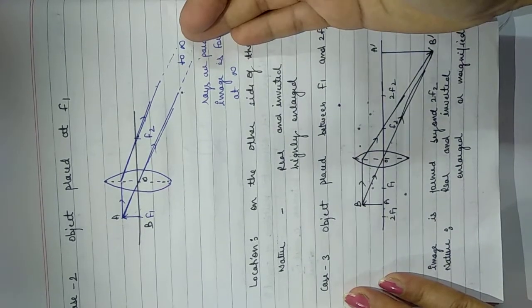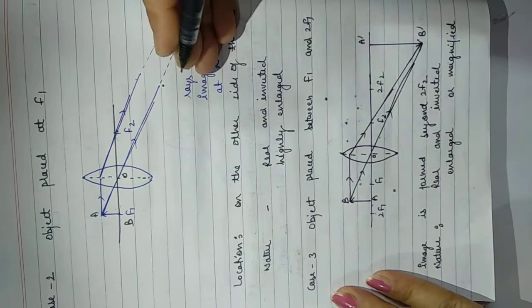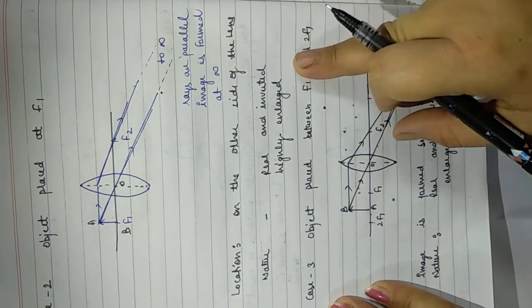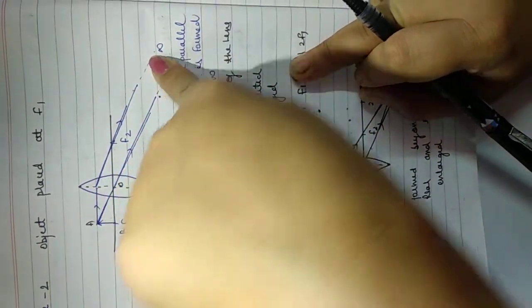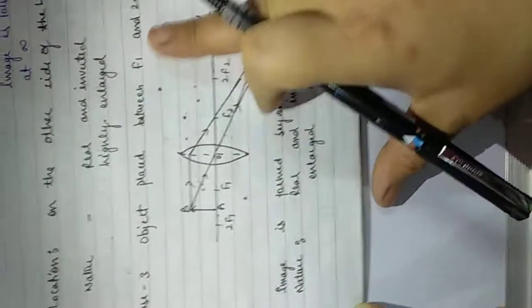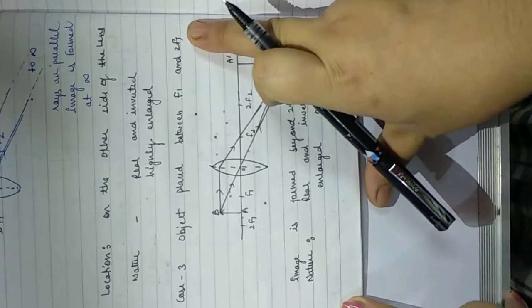It will be real, obviously, and a real image will be inverted because it is below the principal axis. So it will be real, inverted, highly enlarged, and the location of the image is on the other side of the lens.